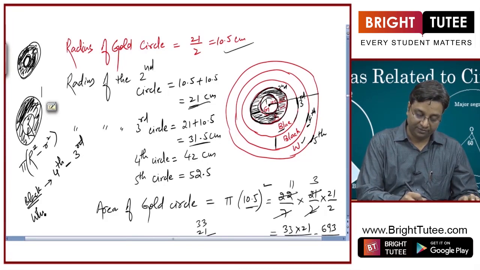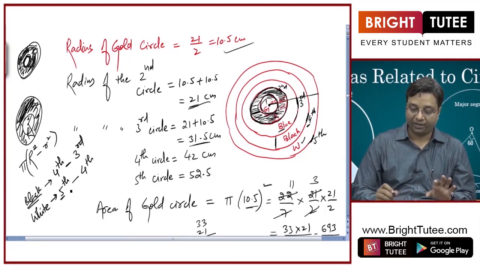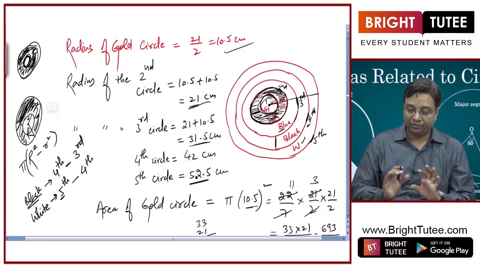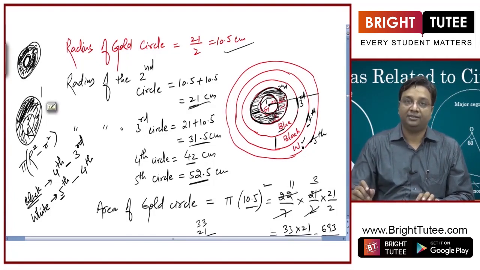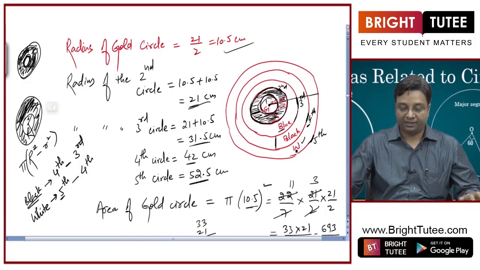For the white region, you will do fifth minus fourth. When I say fifth, I mean the area of the fifth circle. Okay, this is the radius of the fifth circle. So you will do pi into 52.5 squared to get the area of the fifth circle minus pi into 42 squared. Okay, this is how you will get the white region. So I hope you can calculate these two regions yourself as a practice.